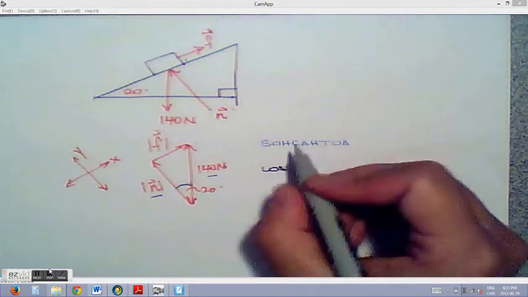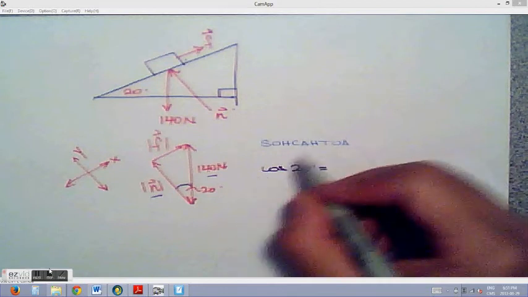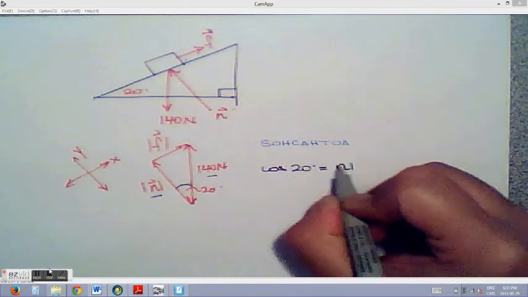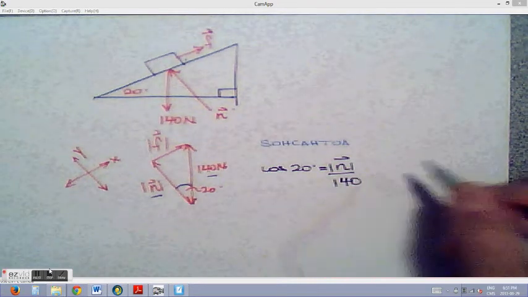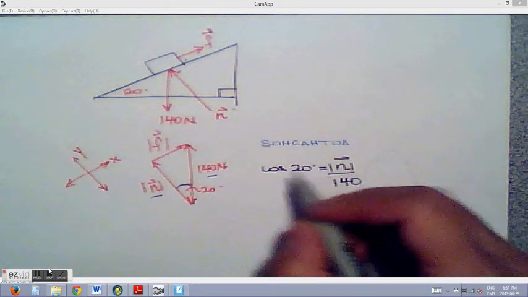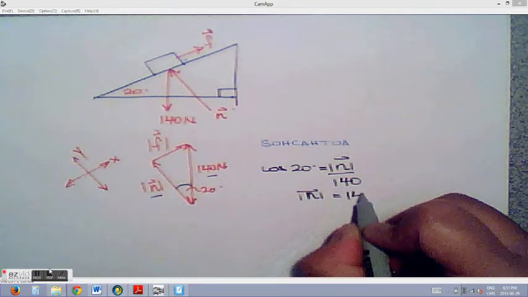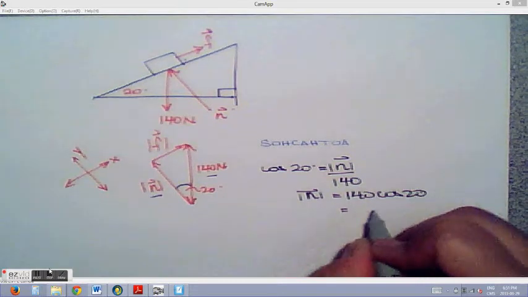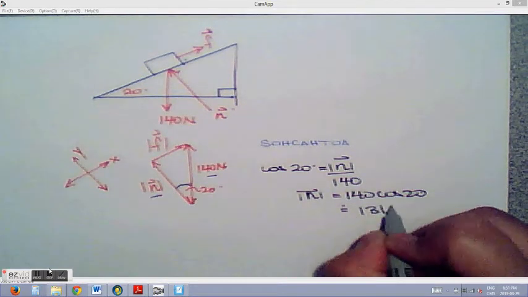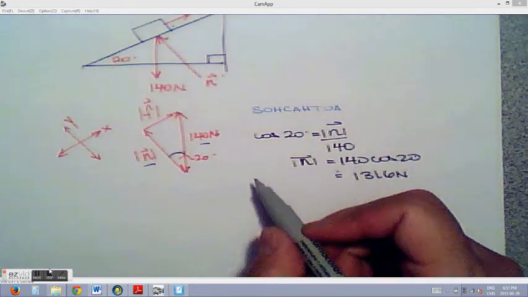Cos of 20 degrees is equal to the magnitude of N over 140 newtons. And now I just rearrange to isolate for N, I have 140 cos of 20, which would give me around 131.6 newtons. Okay, so that's my normal force.